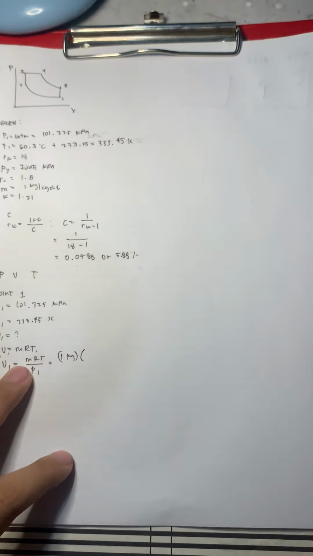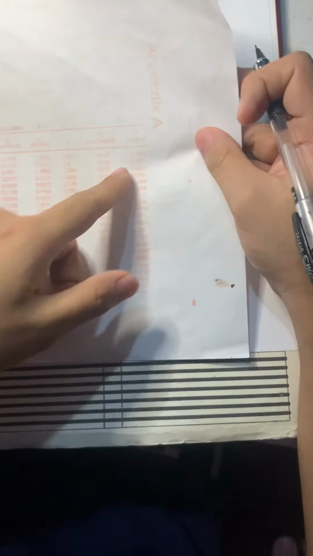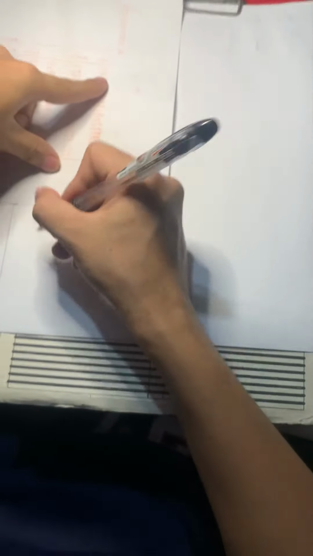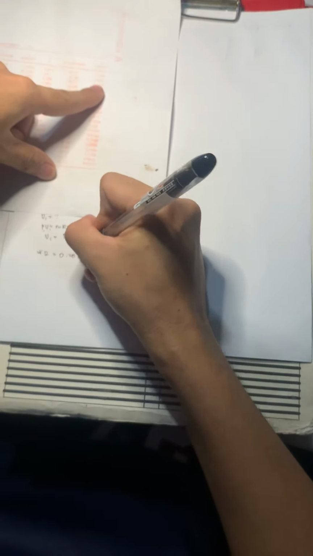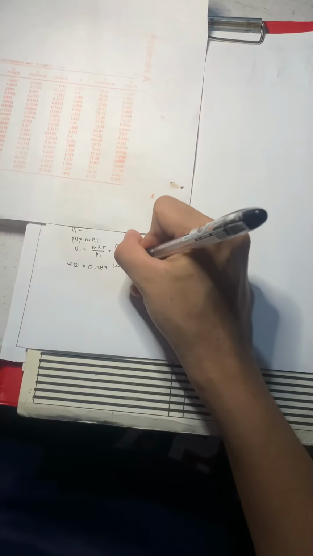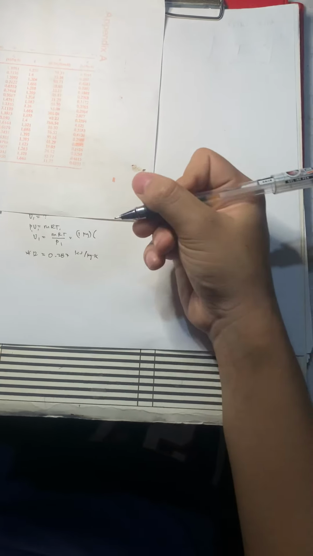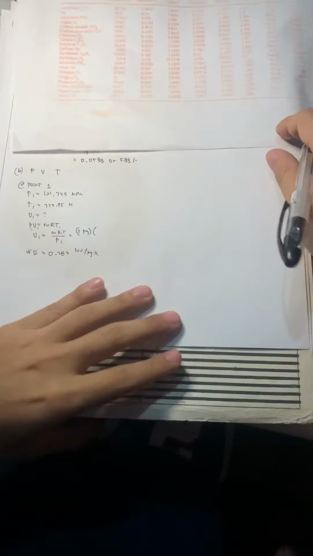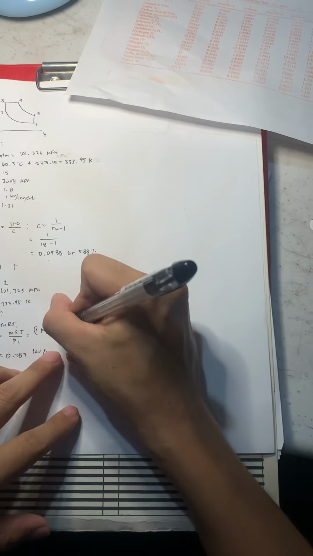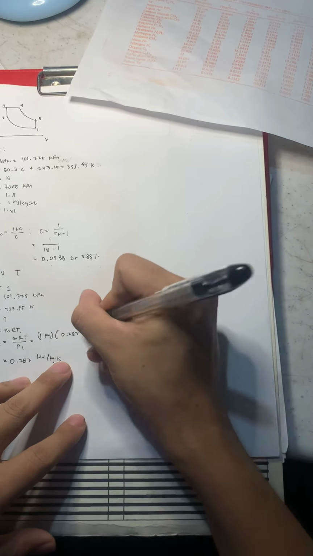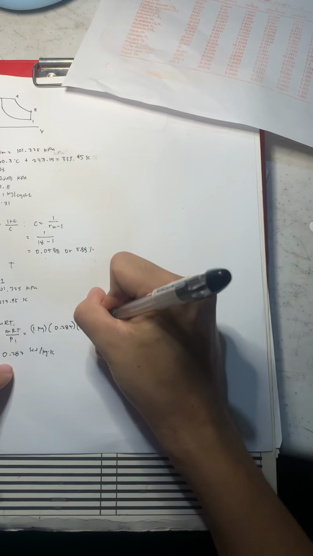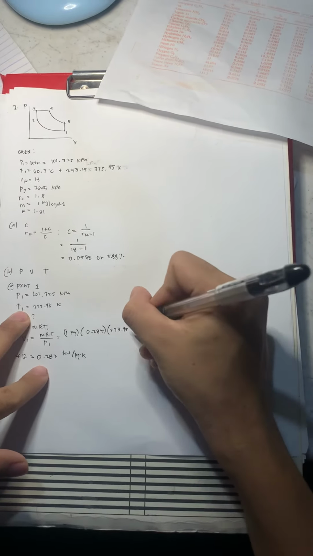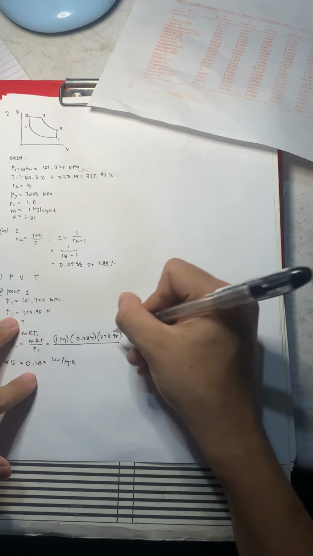For R we will use the table: R is equal to 0.287 kilojoule per kilogram Kelvin. Temperature T1 is 333.45 Kelvin.